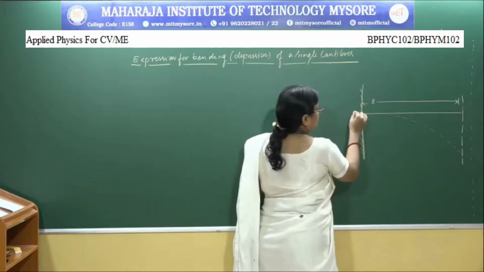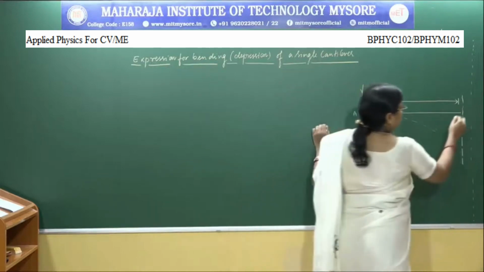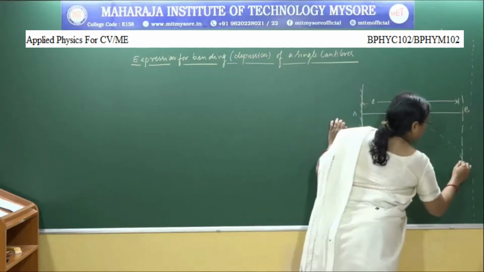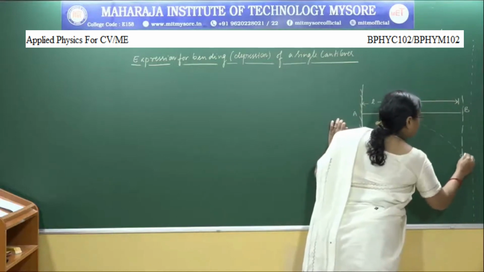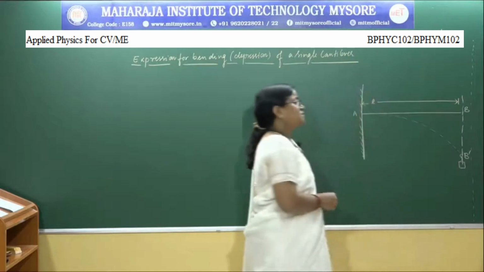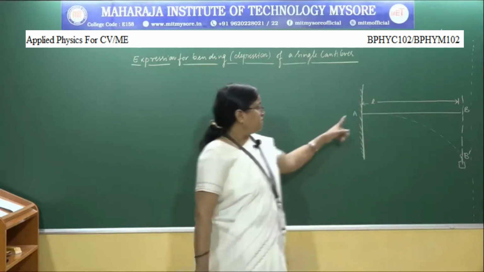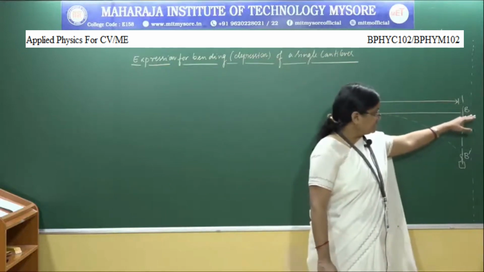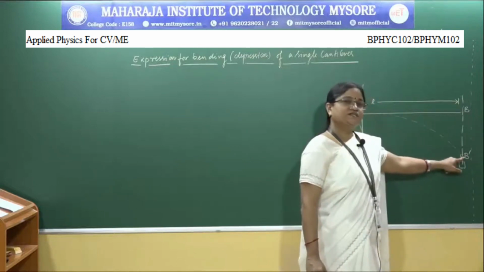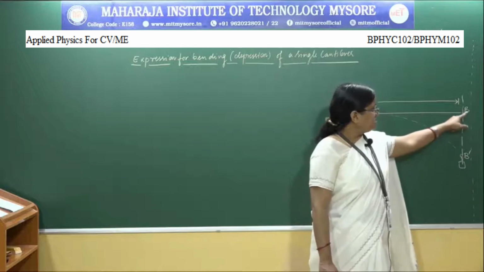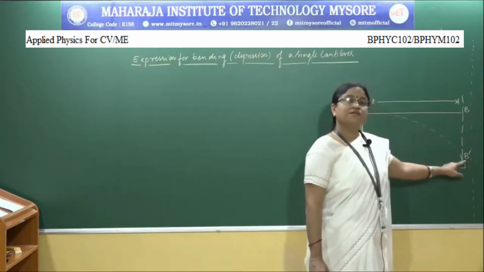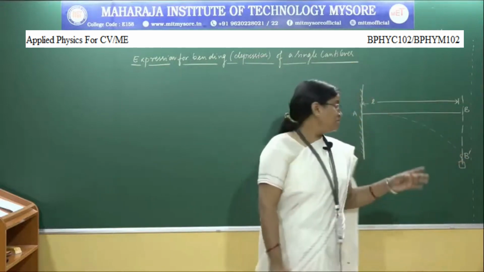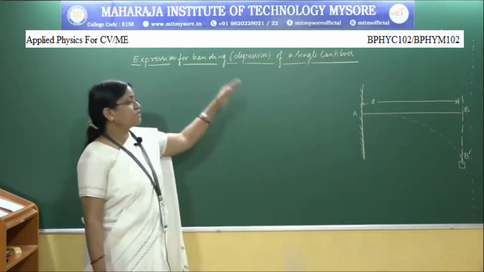Suppose we write the beam as AB, then the new position when the load is applied to the beam after the depression is B dash. AB is the beam. When we apply the load, it undergoes depression and the new position of the free end is B dash. So the depression in the beam is BB dash, and we have to find the expression for the depression.